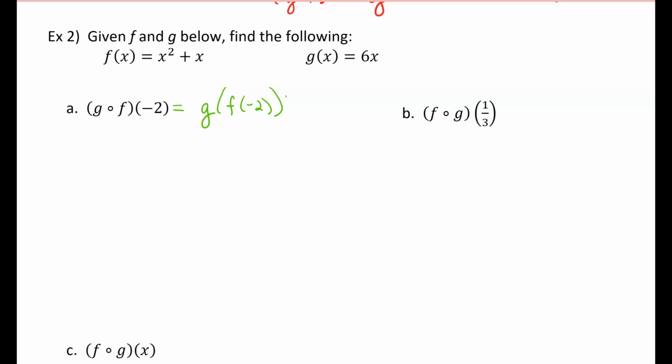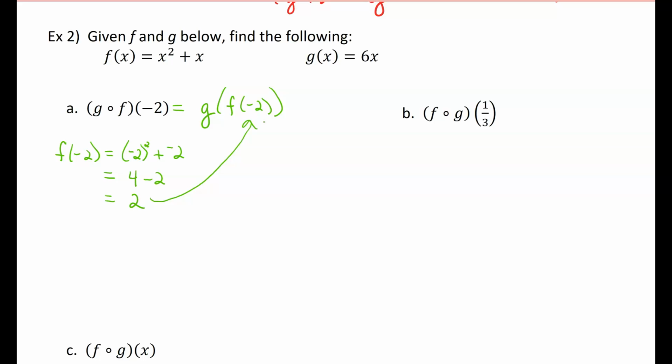f of negative 2. So I'm going to do that here on the side. f of negative 2 is equal to, and I look at my function f, which is x squared plus x. So I replace that x with negative 2 squared plus, replace x with negative 2. That gives me a positive 4 minus 2, which means f of negative 2 is equal to 2. And so now I'm going to replace this f of negative 2 with its actual value.